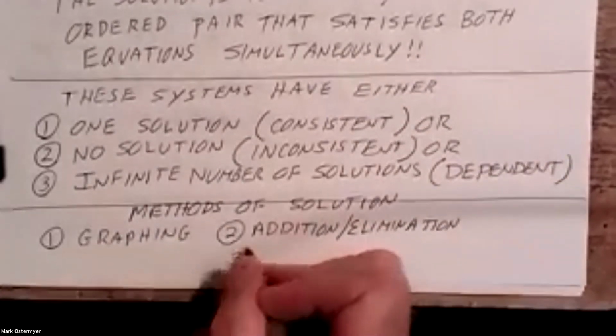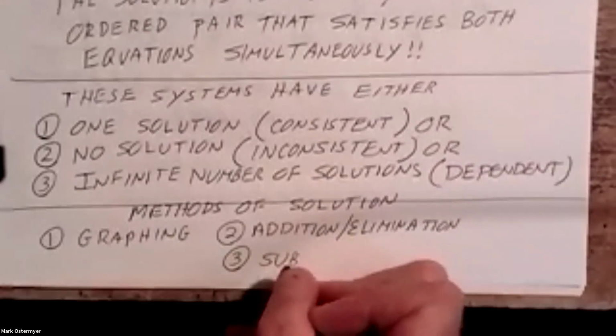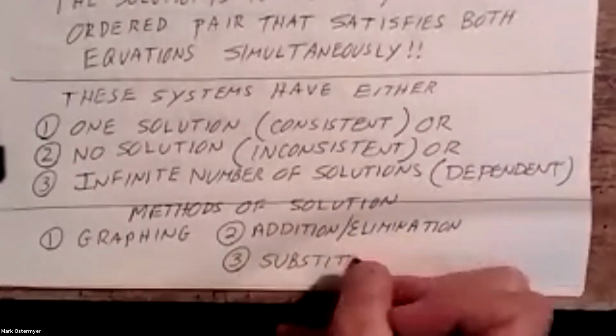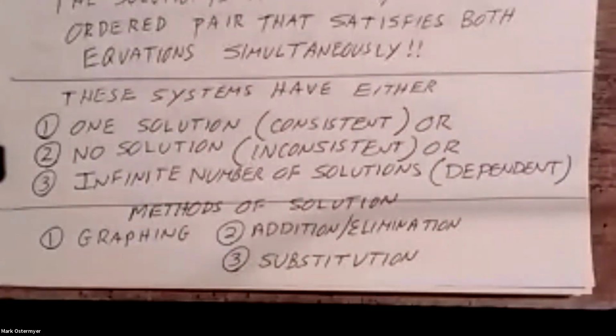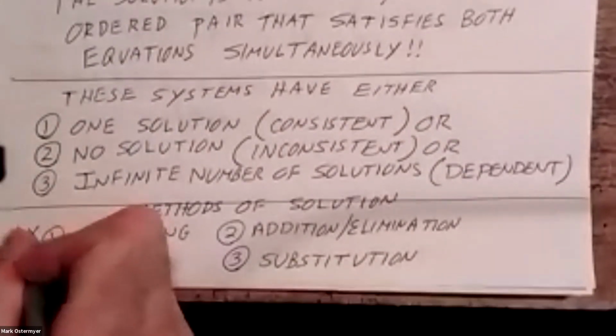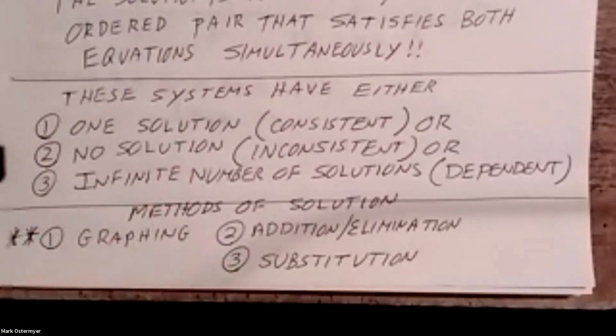And the third method is called the substitution method. Today, we're going to focus on the graphing method. Because we need to be accurate in our graphs, you need to use graphing paper. That's a requirement. In order for this graphing method to work, it is imperative that we get our hands on some graphing paper to do section 4.1.